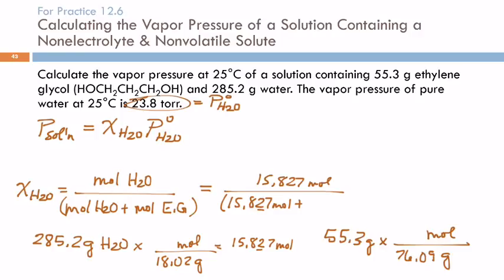So 55.3 divided by 76.09. And that should have 3 sig figs, 0.7268 moles. So we'll put that in there, 0.7268 moles.